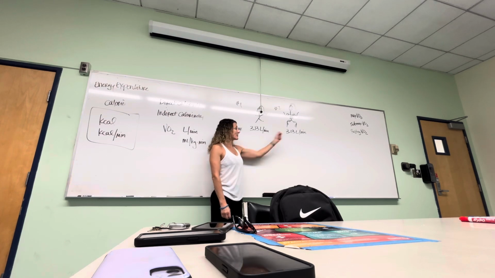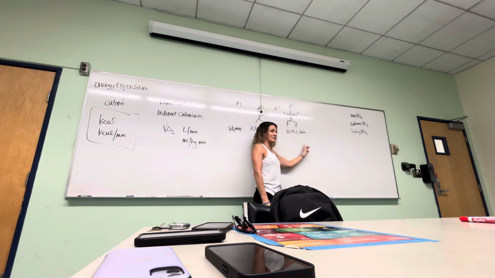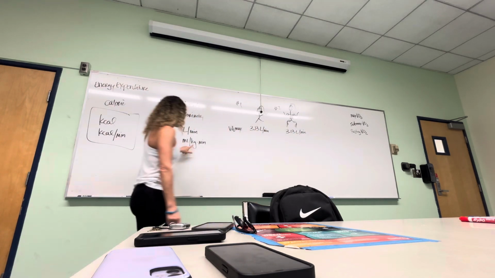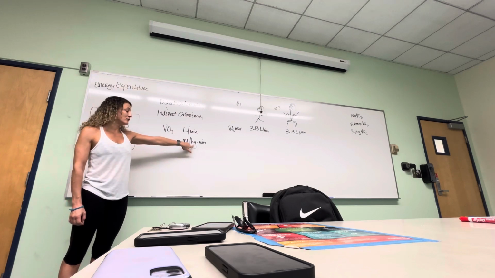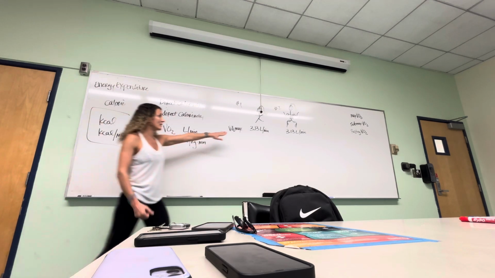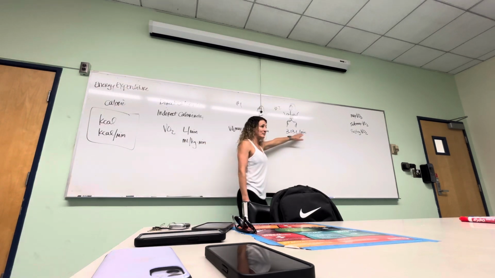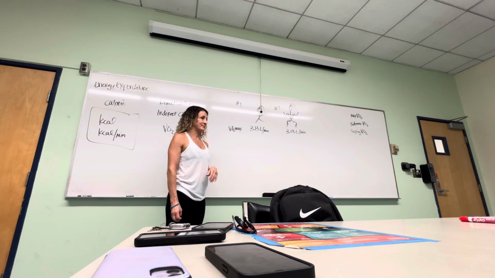So when you're comparing the 2 people, instead of looking at total oxygen consumption in liters per minute, we need to look at it relative to their body weight. How much oxygen are they consuming per kilogram of body weight, and then we can compare them. Okay, so although looking at it in these terms it looks like they're the same, this is not a fair way to compare them.